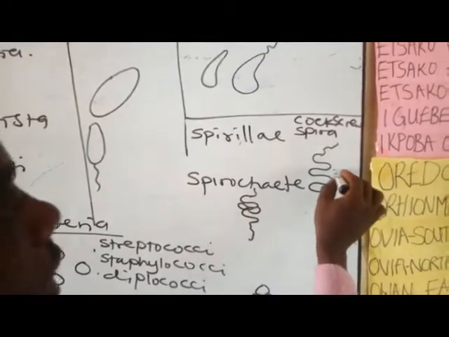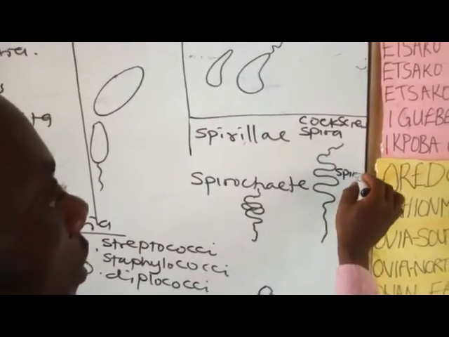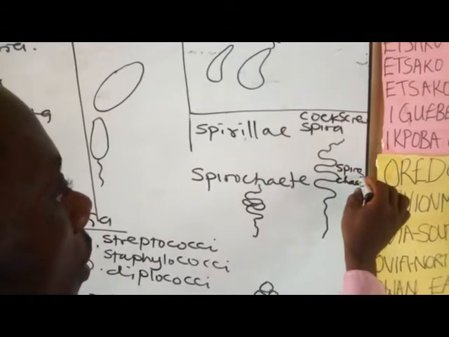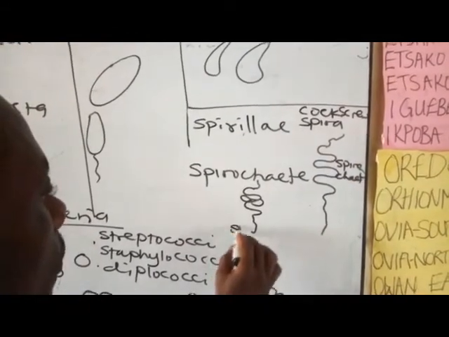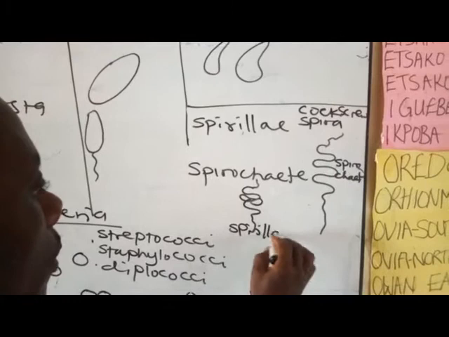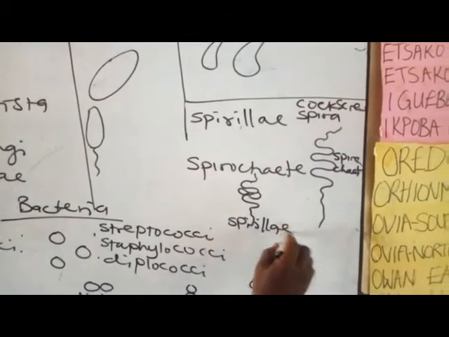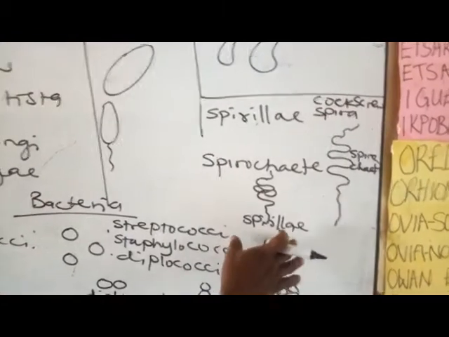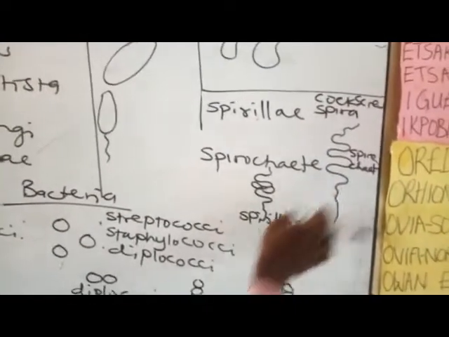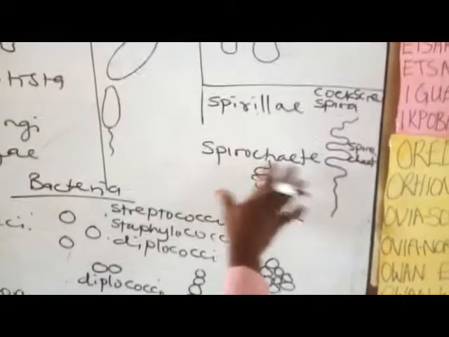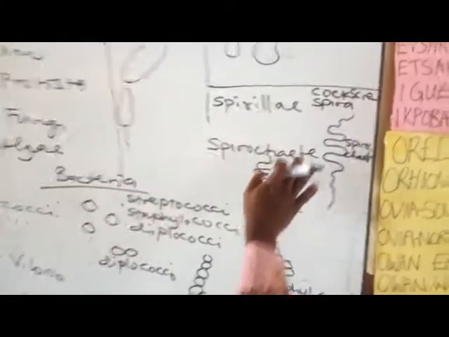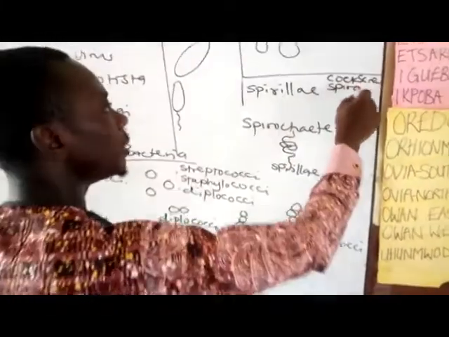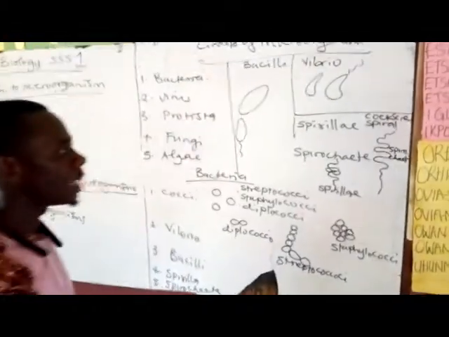So this one is spirochaete. This one is spirillae. The only difference between spirochaete and spirillae is that spirochaete is a little bit more flexible when you compare it with spirillae. But both of them are corkscrew or spiral in shape. That is the difference between them.